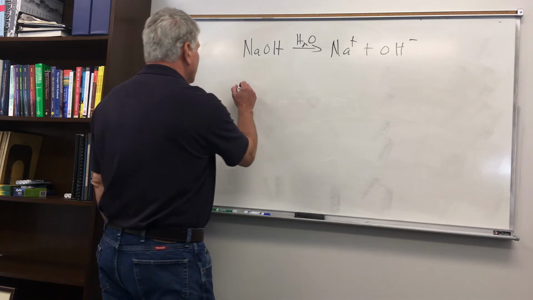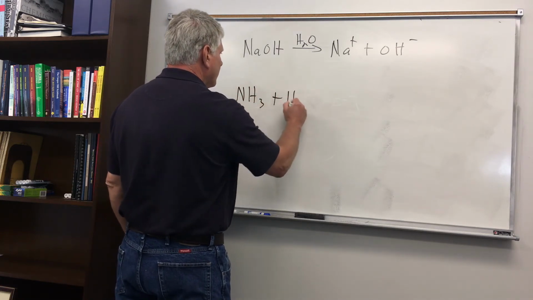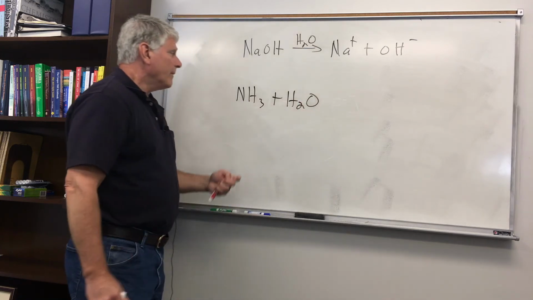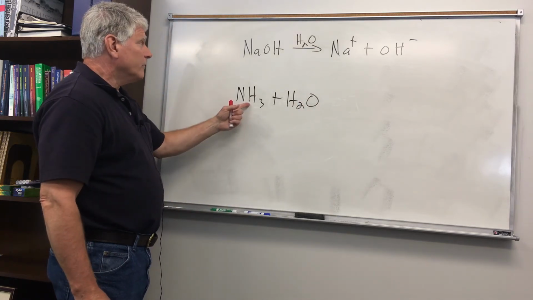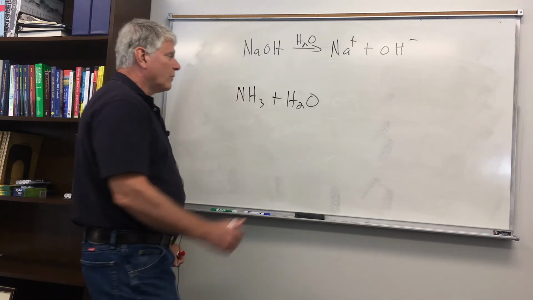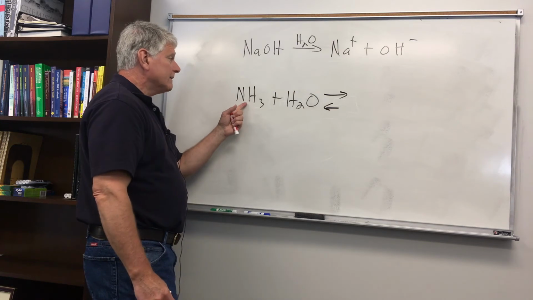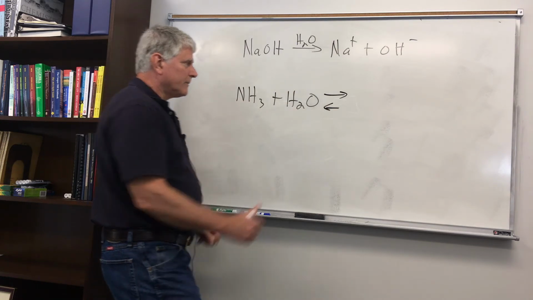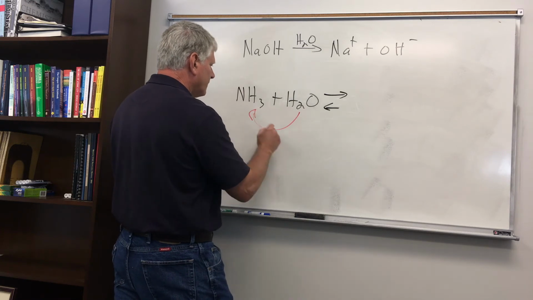Another example of a base is ammonia. Now ammonia is a weak base, so not all of the ammonia will react with water, so we'll have an equilibrium. So ammonia is a base, it's a proton acceptor, so it will accept a proton from water.